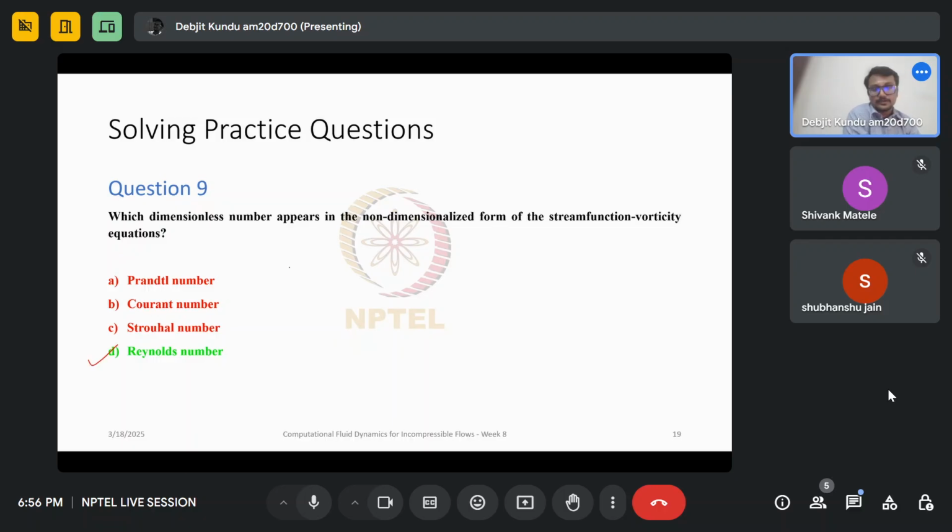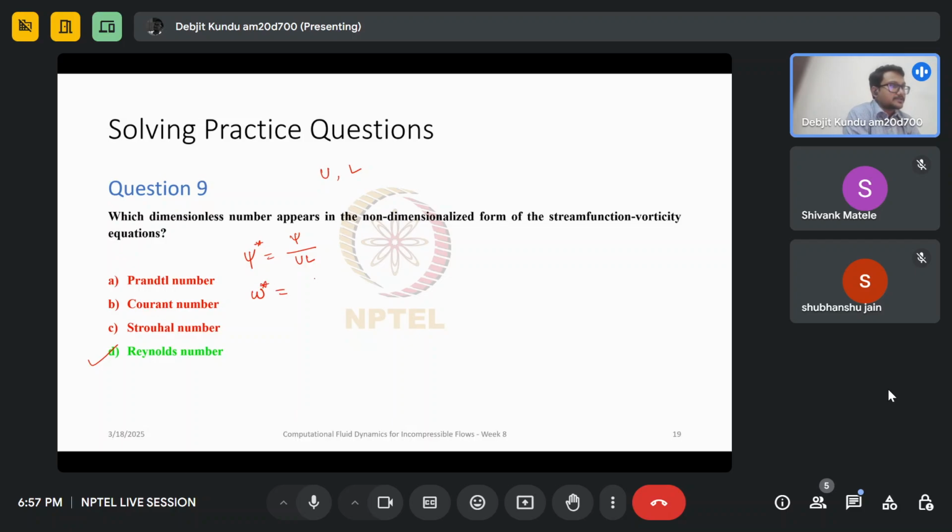So basically, you take the original form of the stream function vorticity equations and you non-dimensionalize them. Here I have psi and omega. So you say that your non-dimensional psi star is your dimensional psi divided by U into L, where U and L are the characteristic velocity and characteristic length of the system.